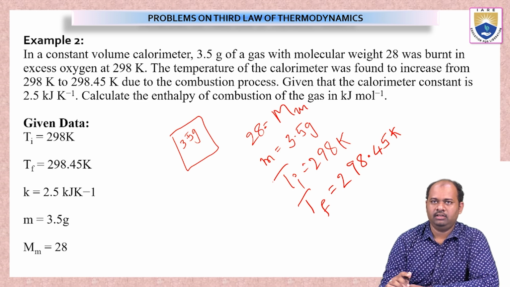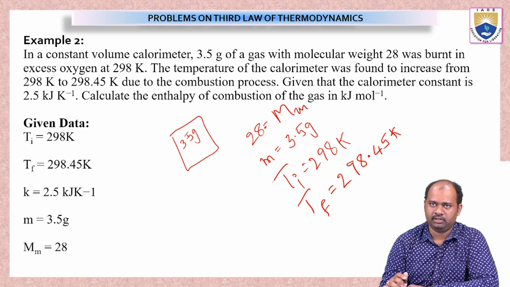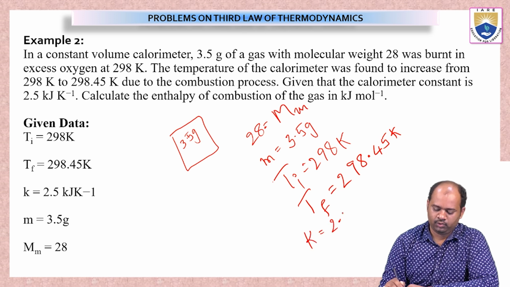So this entire thing is done under a combustion process. Now, given that the calorimeter constant is 2.5 kilojoules per Kelvin, so small k is equal to 2.5 kilojoules per Kelvin.